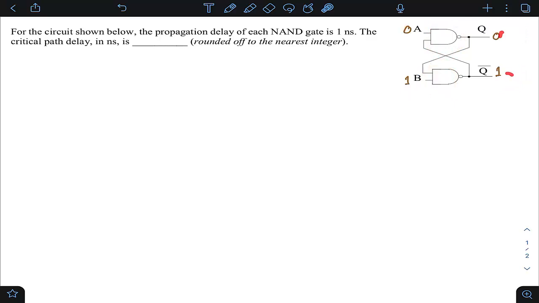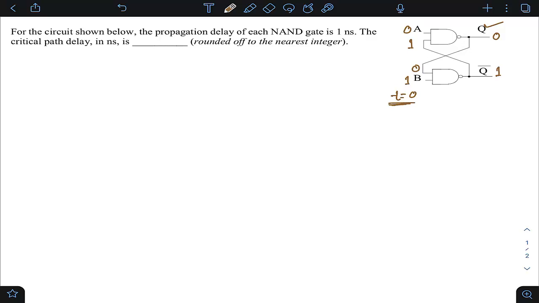And for the initial condition also, let me assume 0, 1. Or if you take 1, 0, you select the input in such a way that it will change to 0, 1. No problem. So let us assume that input A equals 0, B equals 1, applied at t equal to 0 nanosecond. If I assume Q equals 0, then this is 0, and if I assume Q bar is 1, then this is 1.